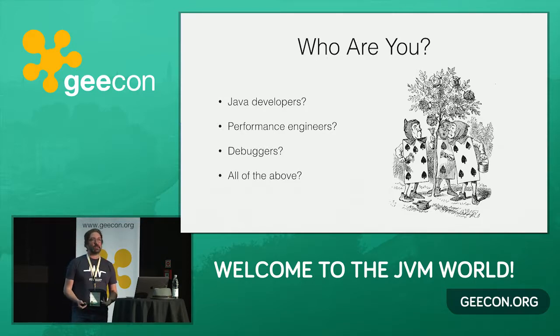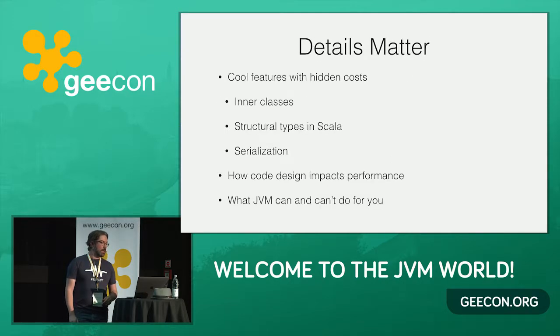Really, all of us in the Java community, at some point in our careers, do all of these things. We don't just write code and then throw it over the fence. We've got to profile, we've got to test performance, we've got to debug code. For all of these, having a better understanding of what the JVM does internally will make you a better developer. The details of all these different things matter. That's what I hope to get across in showing how these features work under the covers.